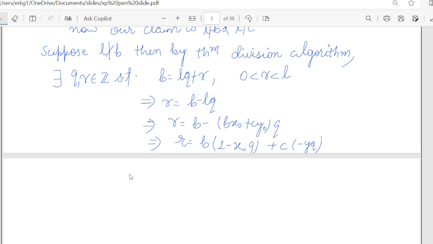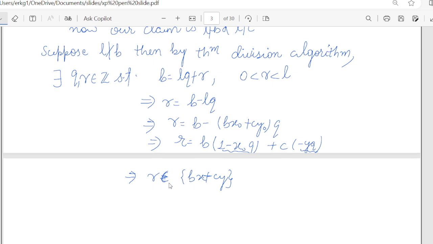Now this implies R belongs to the set Bx plus Cy, because this is an integer and this is also an integer, so R is in the form of Bx plus Cy.